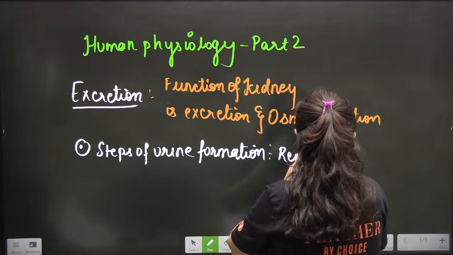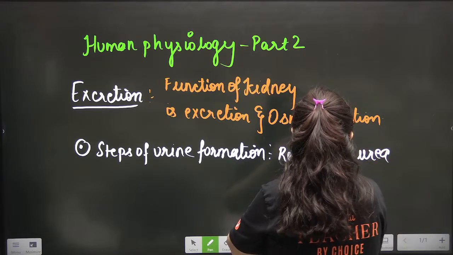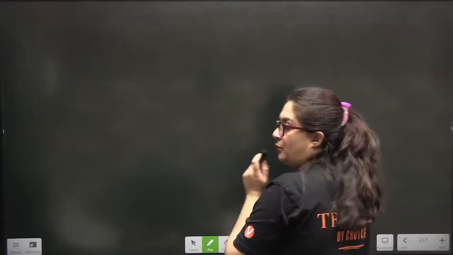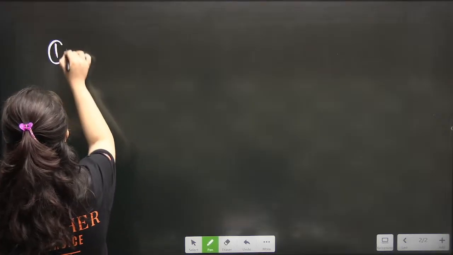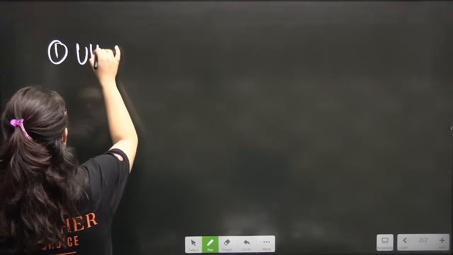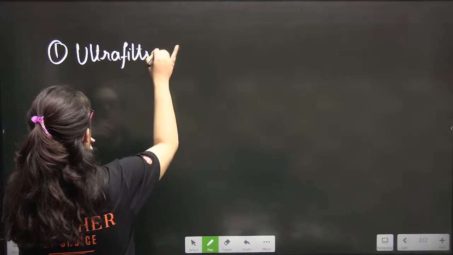Removal of urea. What are the three steps? First, ultrafiltration.